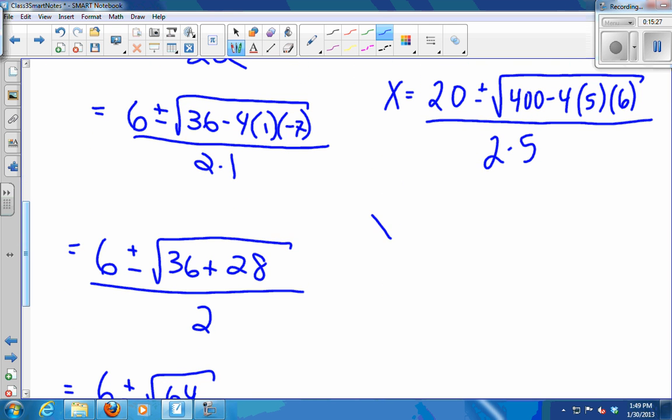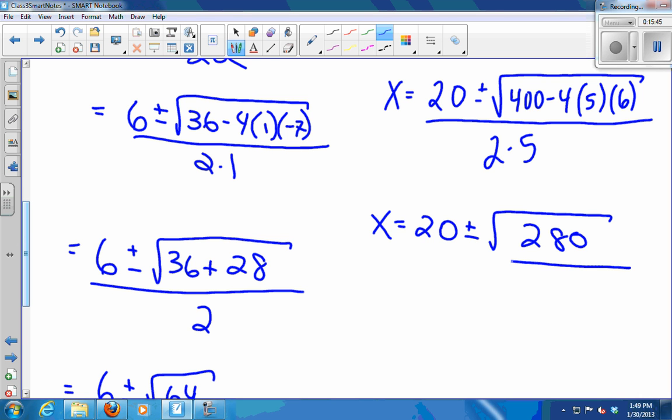All right, so x is 20 plus or minus the square root of 400 minus 120, and 400 minus 120 is 280, all over 10. Now, I am not a stickler about simplifying.